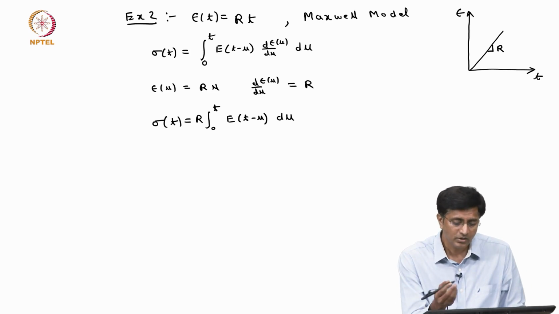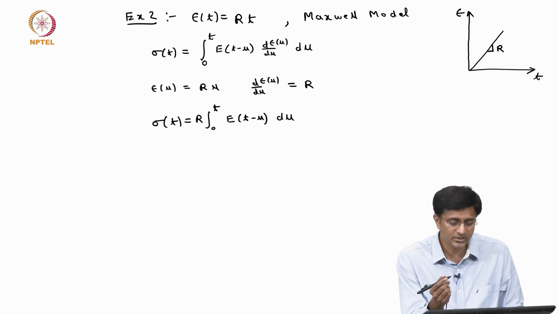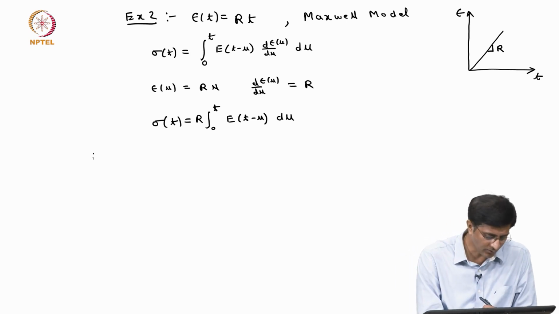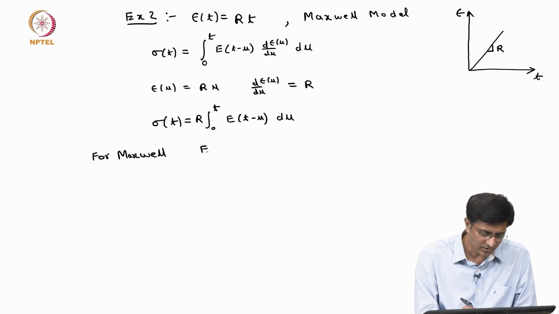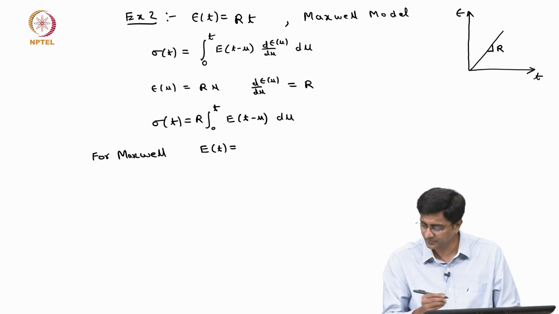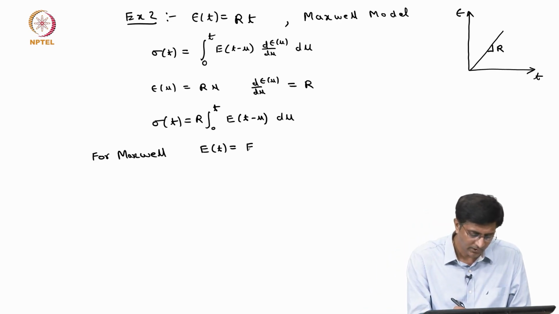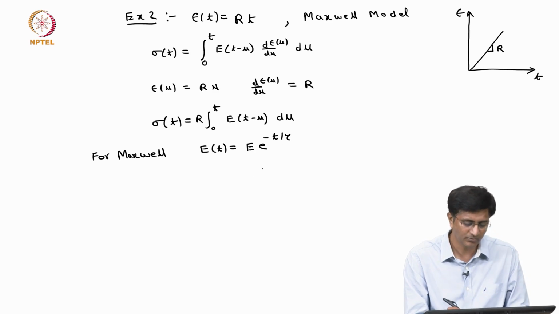It is given in this problem that it is a Maxwell model. For a Maxwell model, the relaxation modulus is given as E times e power minus t by the relaxation time tau.